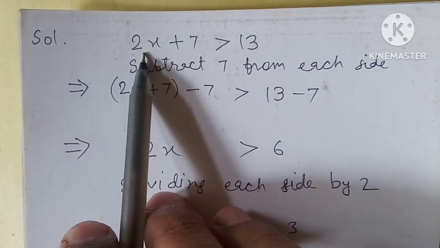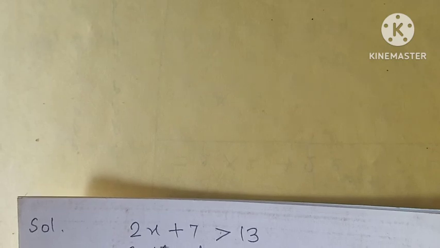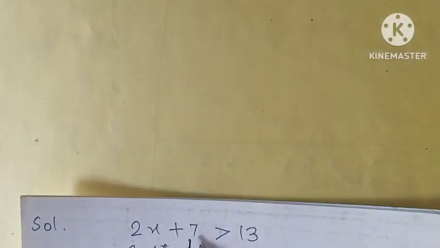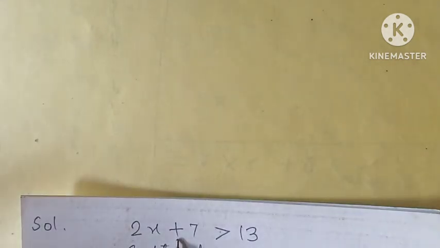This was the question. 2x plus 7 is more than 13. We have to find the value of x. So first we want to remove 7. Here 7 is added. So we subtract 7 from each side. If there is addition, then we will subtract. If there is subtraction, then we will add.